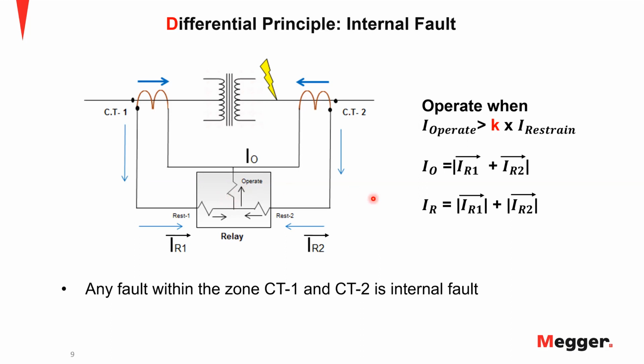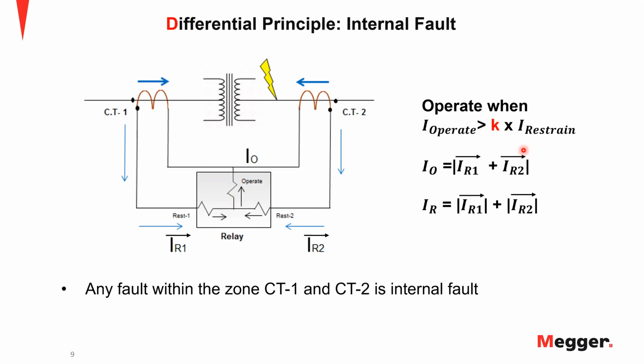When we talk about differential protection, we talk about something called a slope characteristic, right? So what is this slope? Let us take a look at this equation here. I operate, which is the current in your operate coil, should be greater than a factor of K with respect to your I restraint.